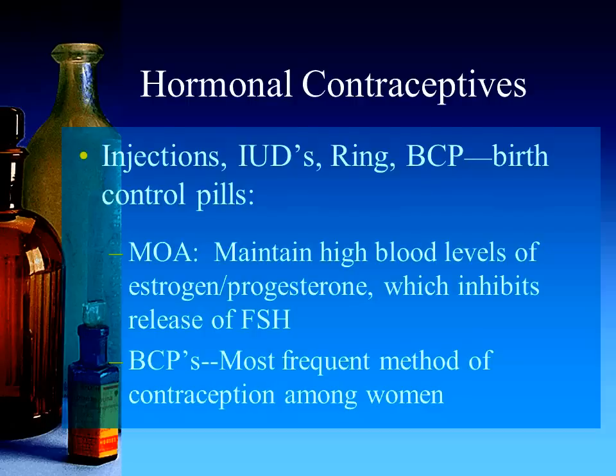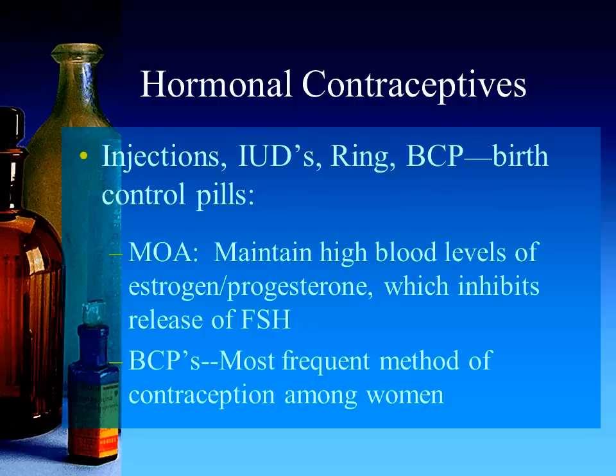NuvaRing, you may have heard of, is a ring that is placed in the vaginal canal and continuously releases the drugs into the surrounding tissues. And then there are birth control pills, which are taken orally, that contain the hormones and will aid in contraception.